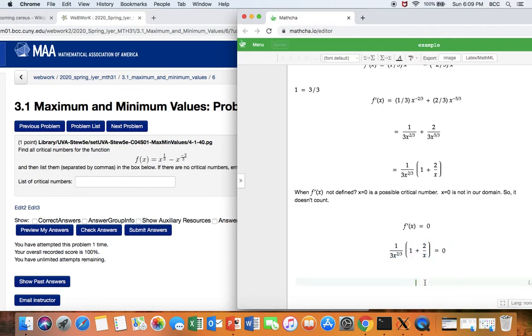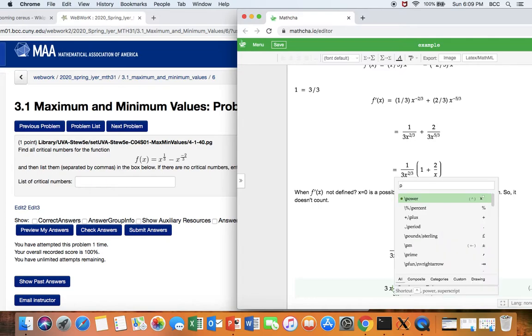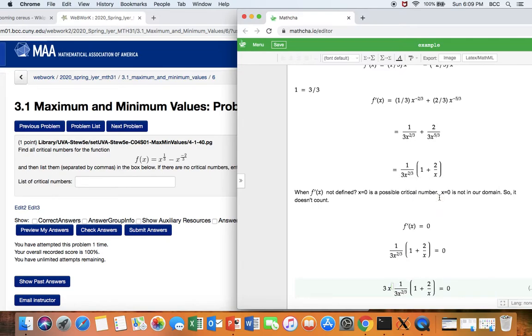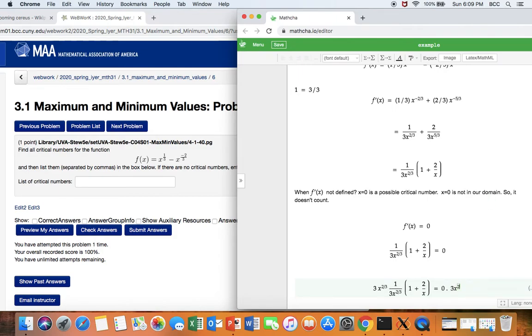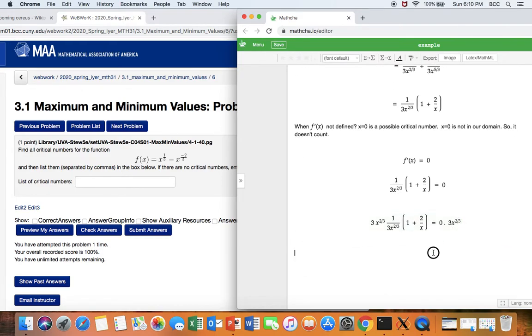Notice what happens. If I multiply both sides by 3x to the power 2/3, and here I multiply 3x to the power 2/3, well, the right hand side gives me nothing, right? 0 times anything is 0.